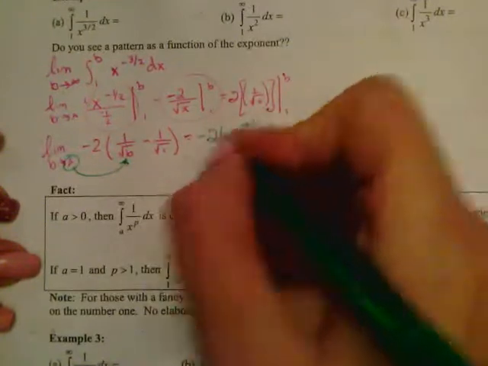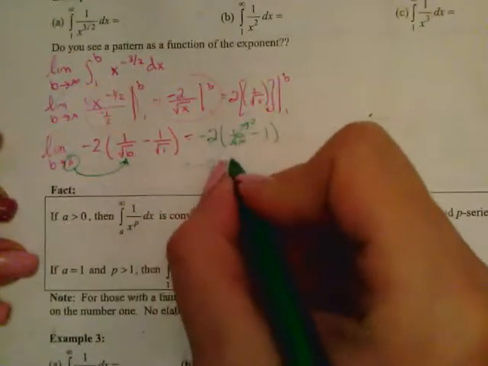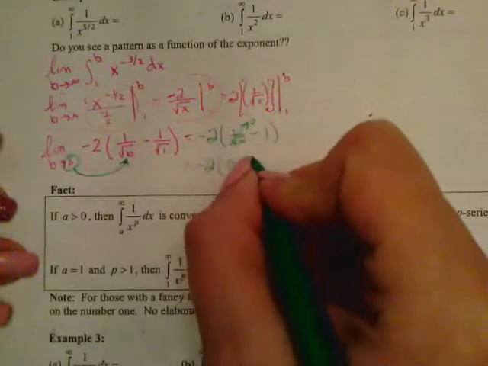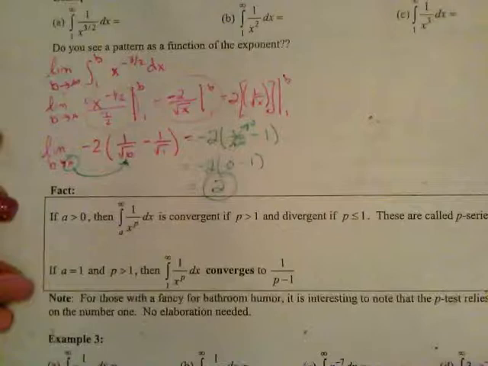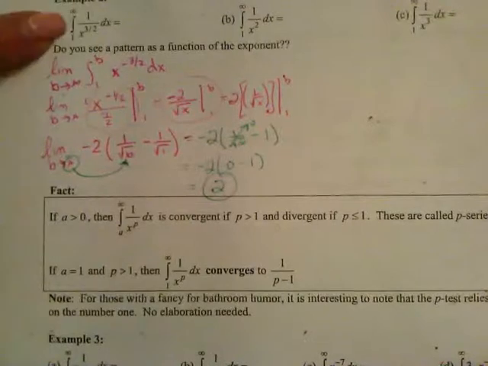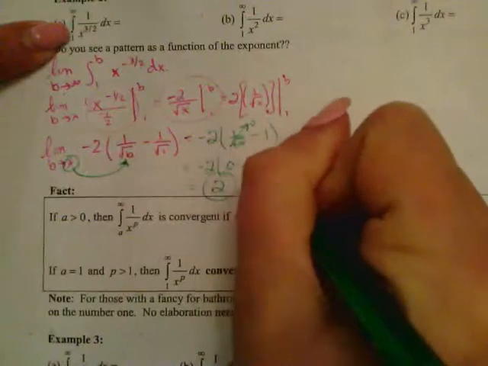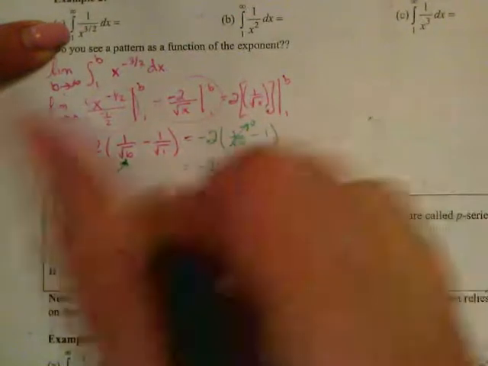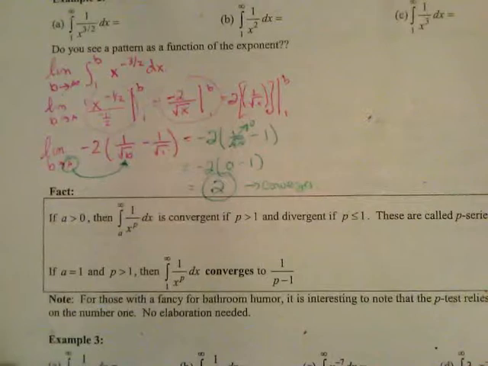So this is negative 2 times 0 minus 1, and that will give us the area under the curve of 2. So this one converges to 2. Okay?